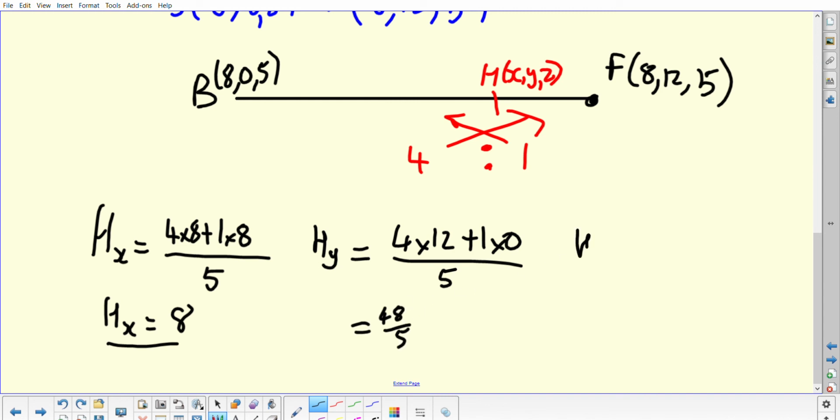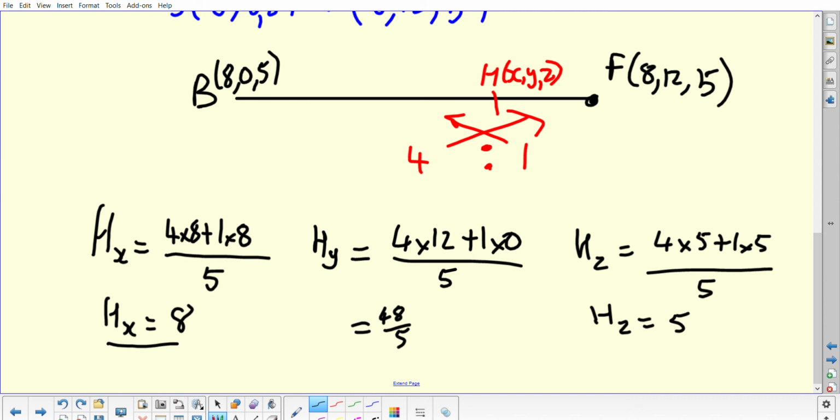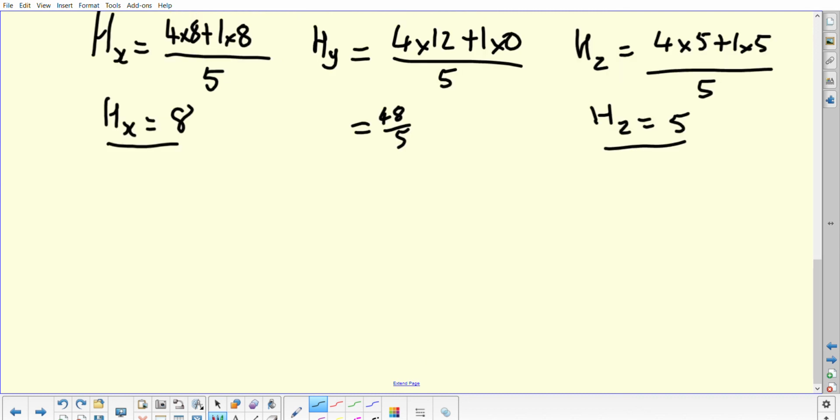And then our Z coordinate would be 4 times the 5 plus 1 times the 5 for your Z each time, and then dividing by 5. So that does give you 25 divided by 5, which is 5. So from that you can then write down that the point H will be 8, 48 over 5 and 5.